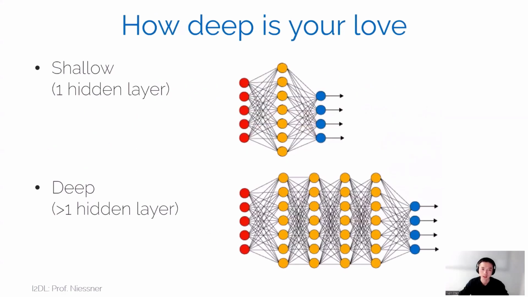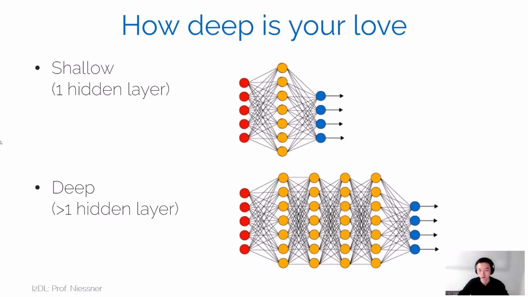that's why we introduced deep learning, or the deeper neural network, compared to the single layer, which we call the shallow neural network here. Deep means it has more than one hidden layer.